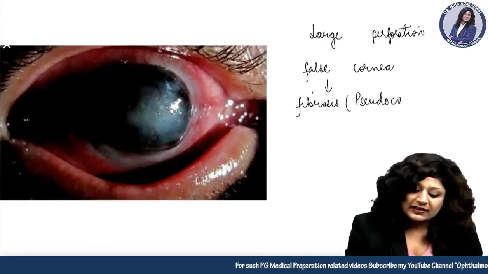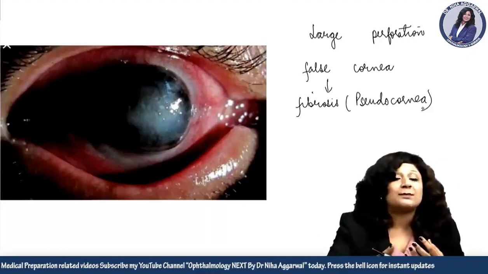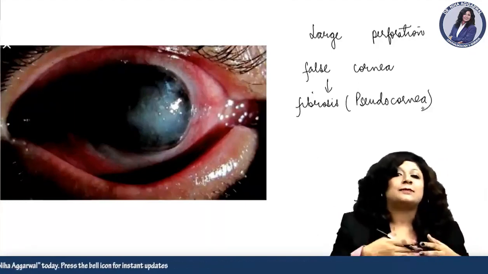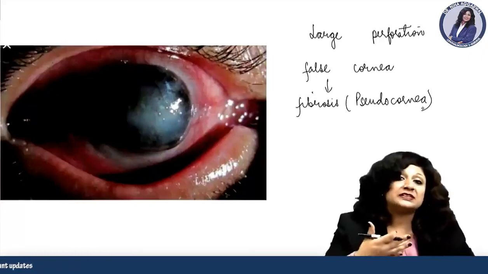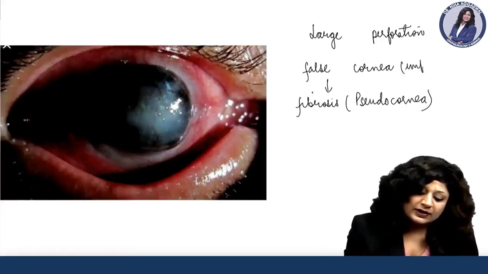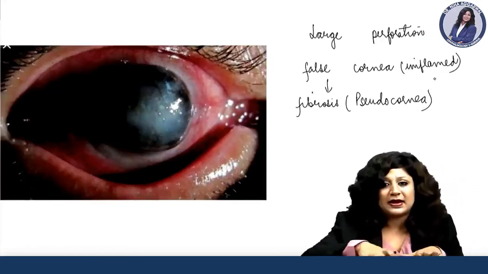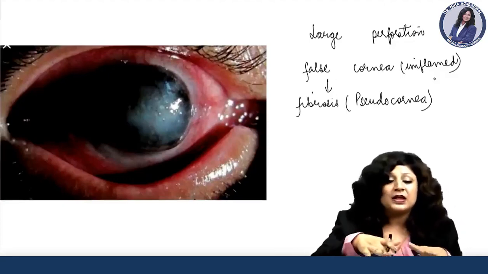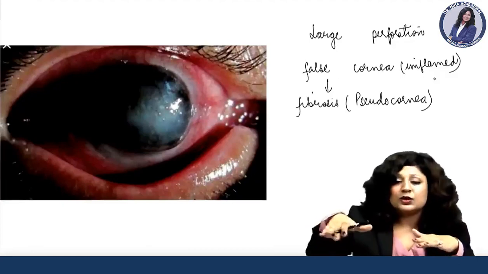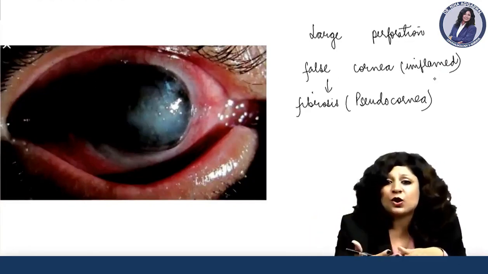So two layers are formed which look like the cornea, but actually it is not cornea because that has gone into perforation, and because the tissue present behind the cornea is inflamed, that inflamed tissue which has protruded out is forming a pseudomembrane, that is a false cornea. Now whenever we have inflammation, fibrosis will take place. So that second layer forming due to fibrosis is the pseudocornea.